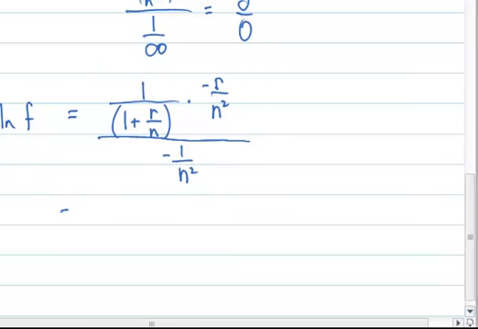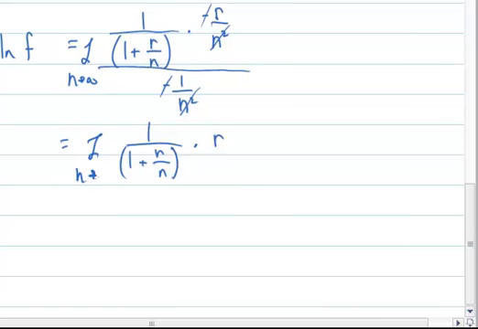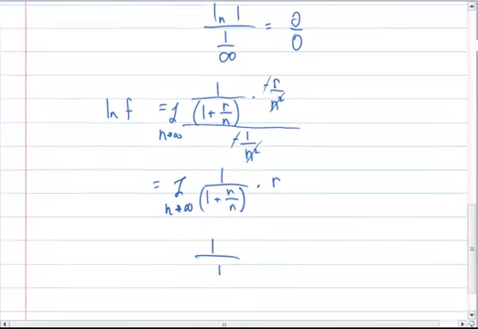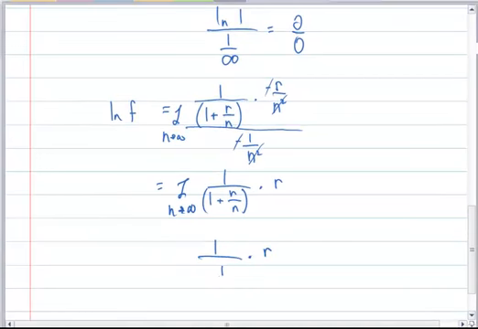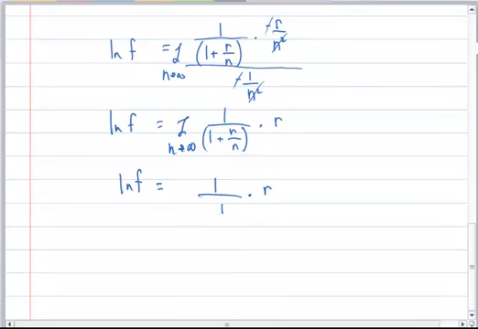Hopefully you can see at this point that the n squareds will cancel, the negatives cancel, and now I'm going to reevaluate my limit of 1 over 1 plus r over n times r. Well, the limit becomes 1 over 1 times r, and that's equal to the ln of my original function that I started with.